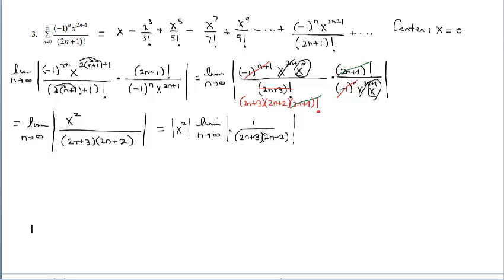So the value of this limit is actually going to go to 0. So when I multiply 0 by the absolute value of x squared, if I wanted to rewrite that, it would look like this. I get 0. Remember, we're applying the ratio test, and 0 is a number less than 1. So now we're ready to respond.